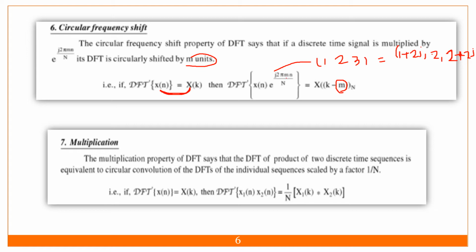If I put the value of m as 2, the frequency samples will be shifted by 2. The second part will come to first, and so on. So the sequence will be circularly shifted. This is what happens in the circular frequency shift.